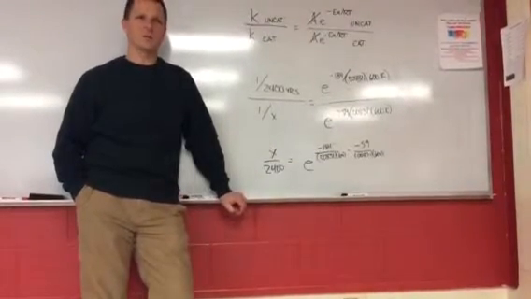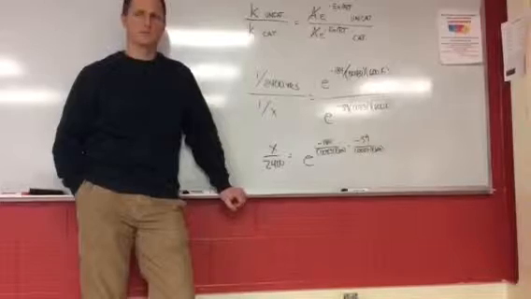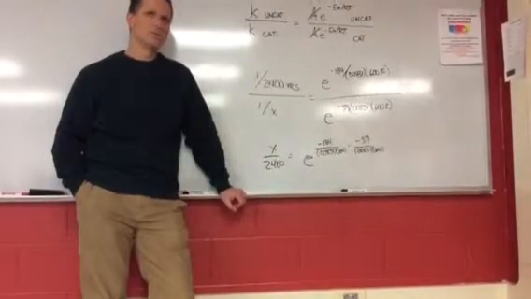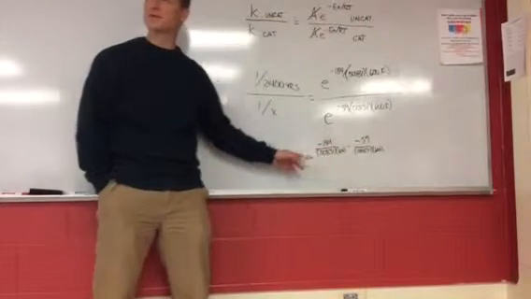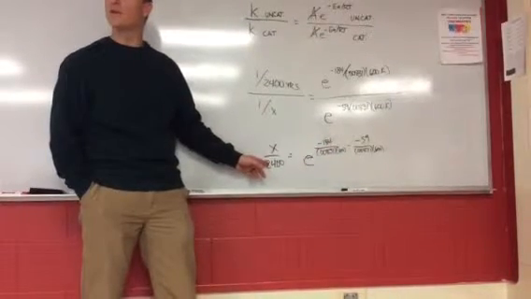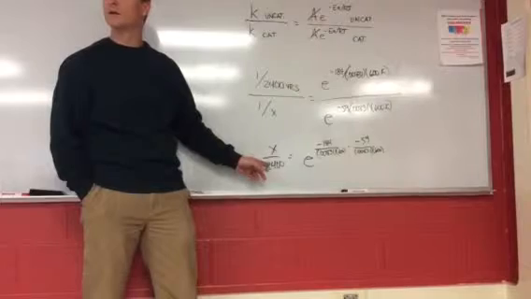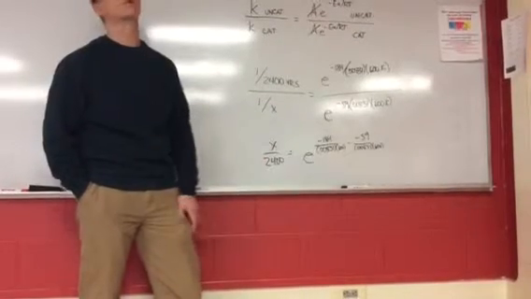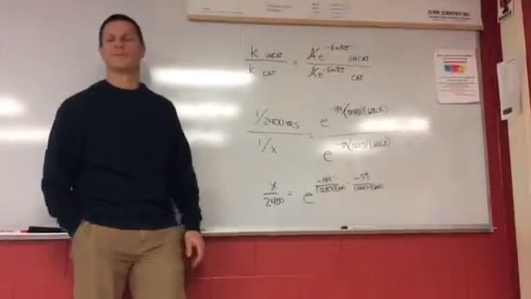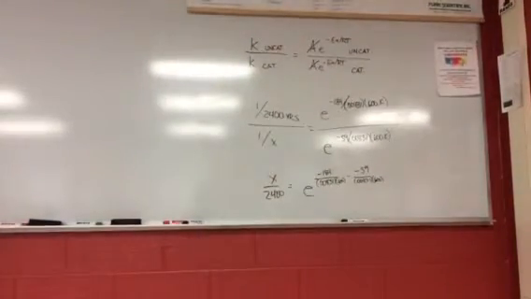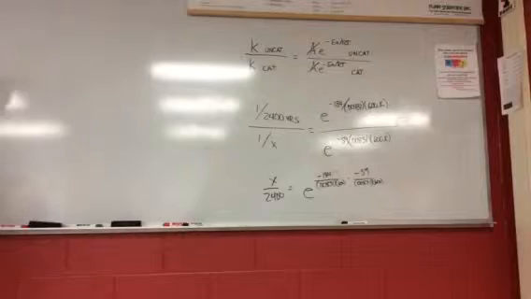That's what I'm telling you. 3.117 times 10 to the negative. No, just this side. It's e to the negative 25th. No, just that side. I just solved for it.